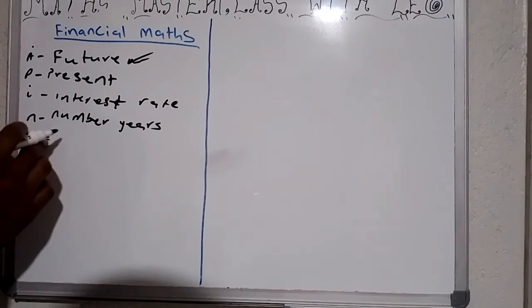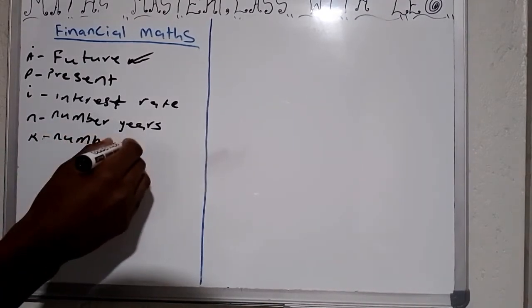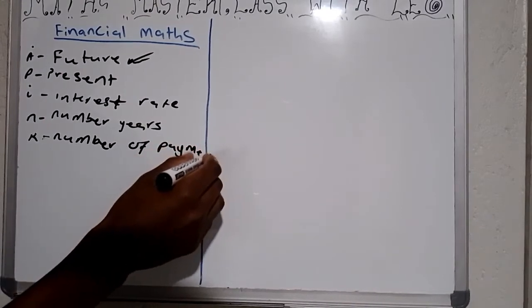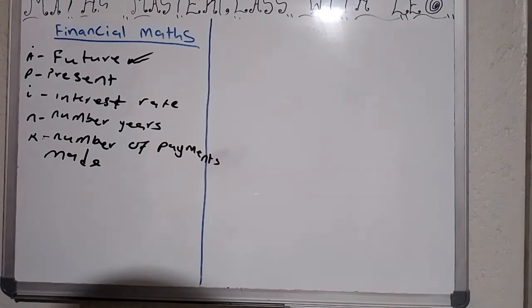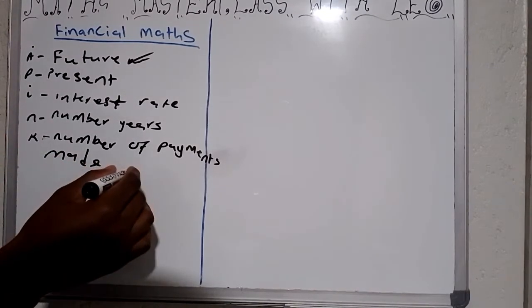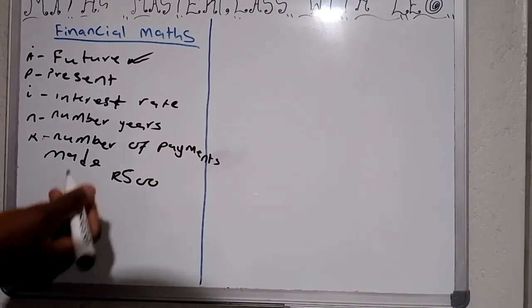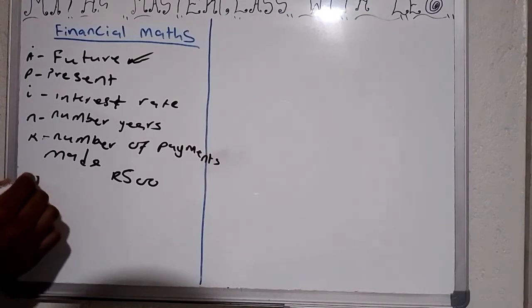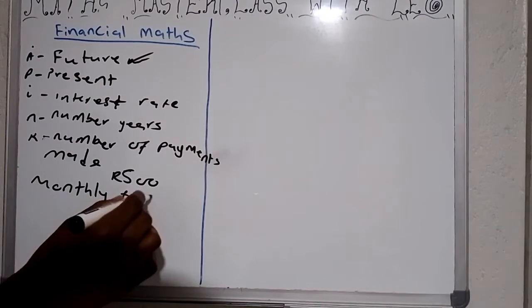We also have this called K. K is the number of payments made, right? For example, they say you are paying 500 rands into a certain account, and you are paying it monthly for 3 years.